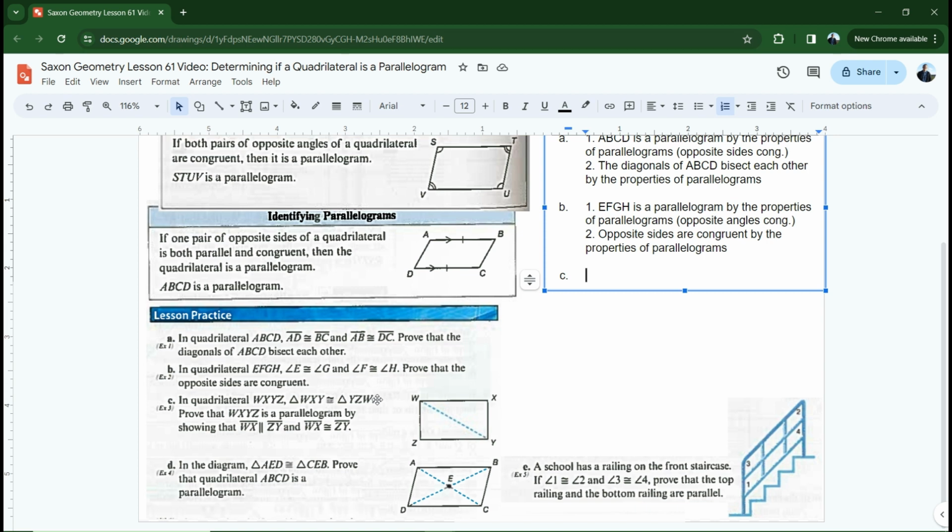So first of all, I'm going to state that angle ZYW is congruent to angle XWY. How can I say that? Well, if they are congruent triangles, right?